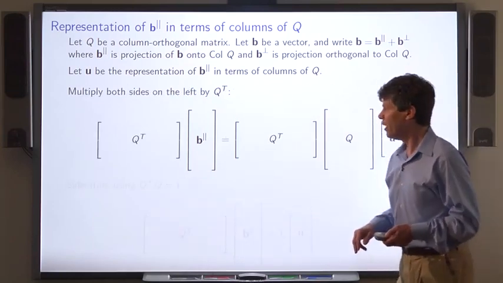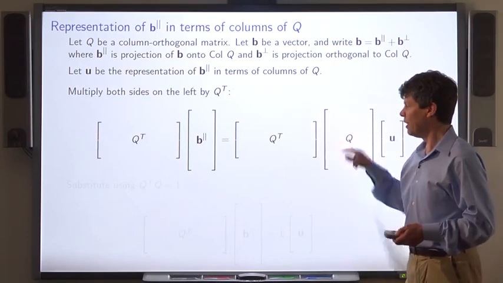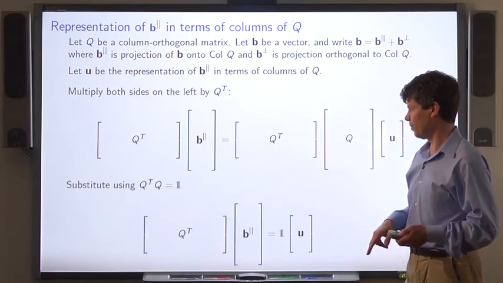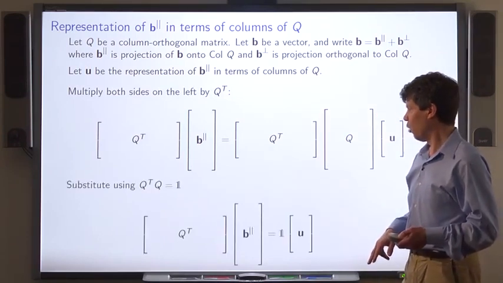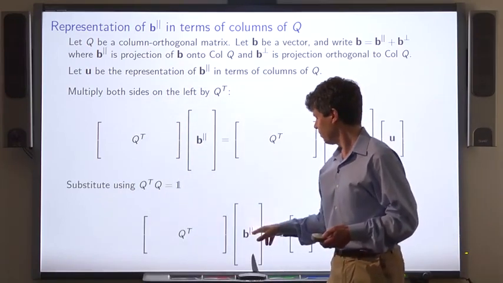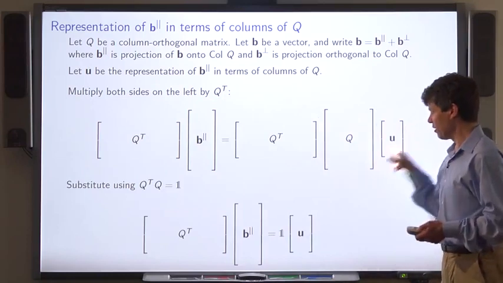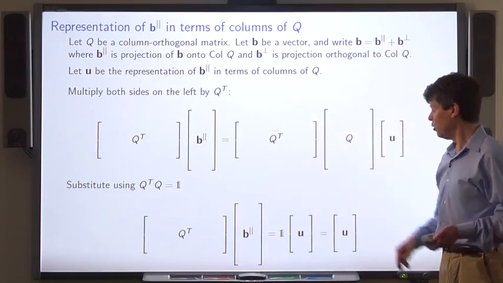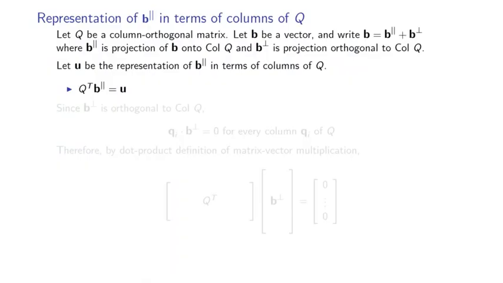Now, we know that Q transpose times Q is the identity matrix. So we get that Q transpose times b parallel equals the identity matrix times u. That is, u itself. So we've seen that Q transpose times b parallel is u, the coordinate representation of b parallel in terms of the columns of Q.